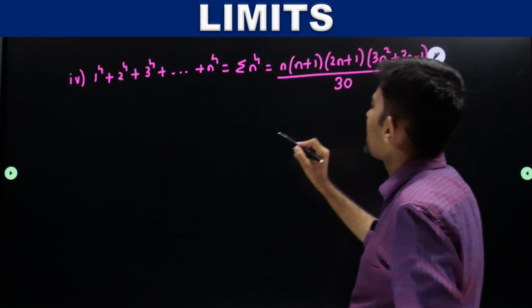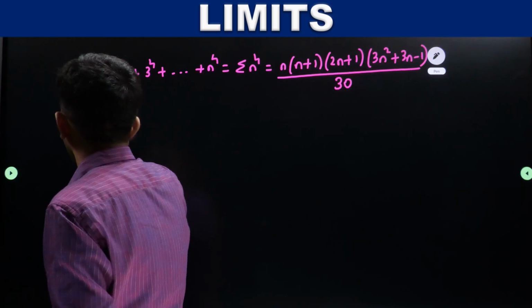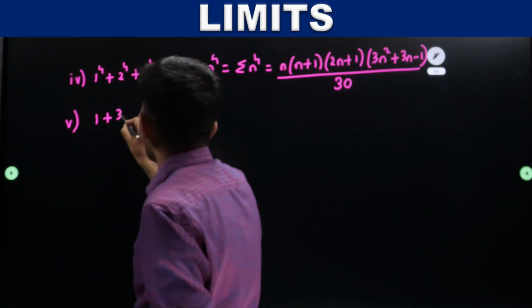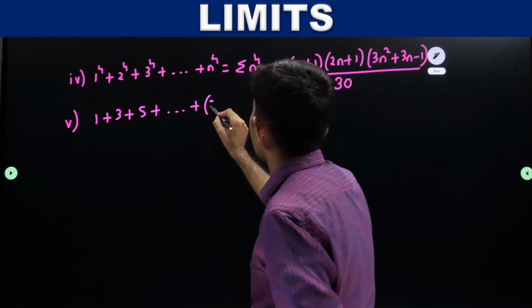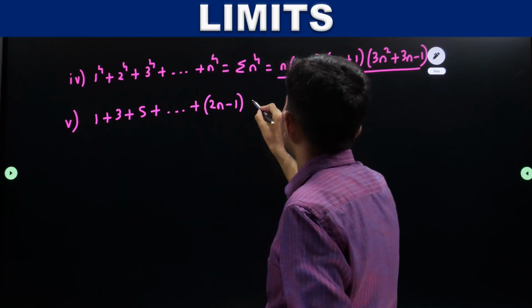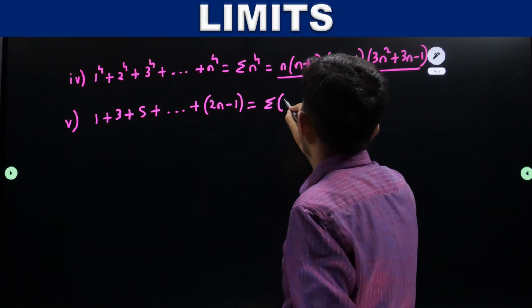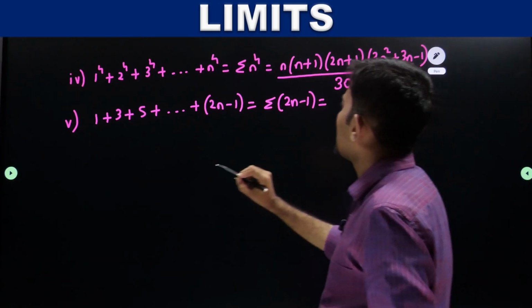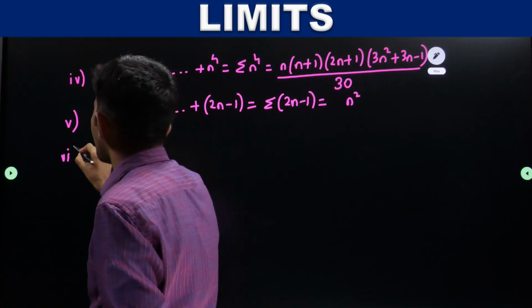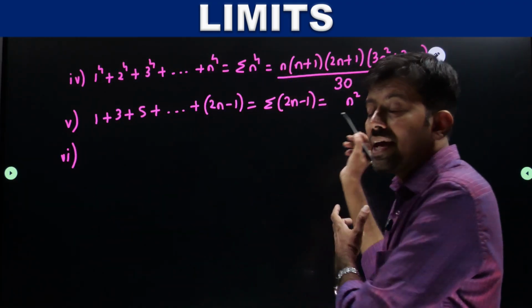Sum of the first n odd natural numbers is n square. Summation of 2n minus 1 is equal to n square. Sum of the first n odd natural numbers is n square.